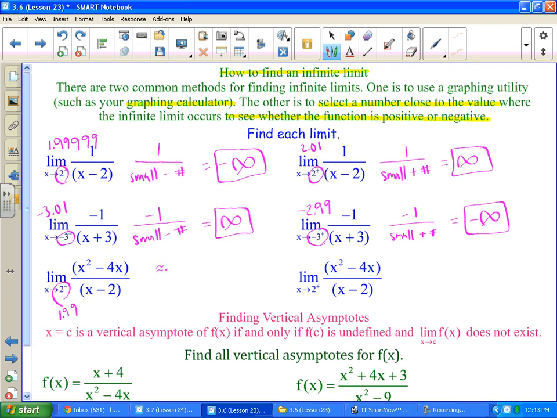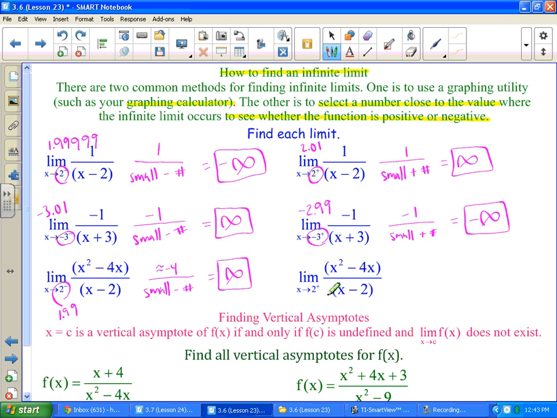It's about negative 4, right? It's going to be really close to negative 4. The denominator is going to be really small, what? Positive or negative? Negative. So overall, is this positive or negative? Positive.